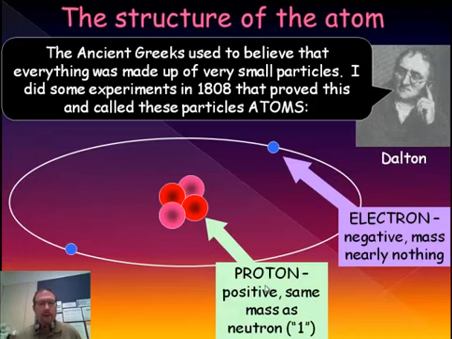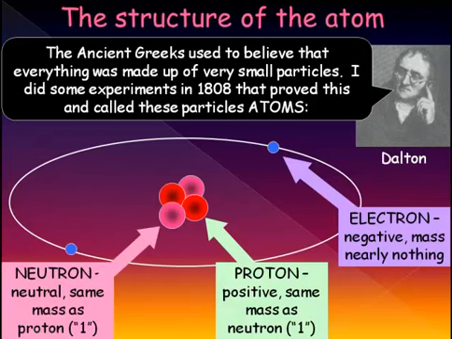You've got protons, which, while they're also extremely tiny, are hundreds of times bigger than the electrons. Protons have a positive charge equal to an electron's negative charge. There's also neutrons, which have the same mass as protons, and they're also in the nucleus, but they don't have any charge. They serve a different purpose inside of an atom, and we'll get to that later, I'm sure.